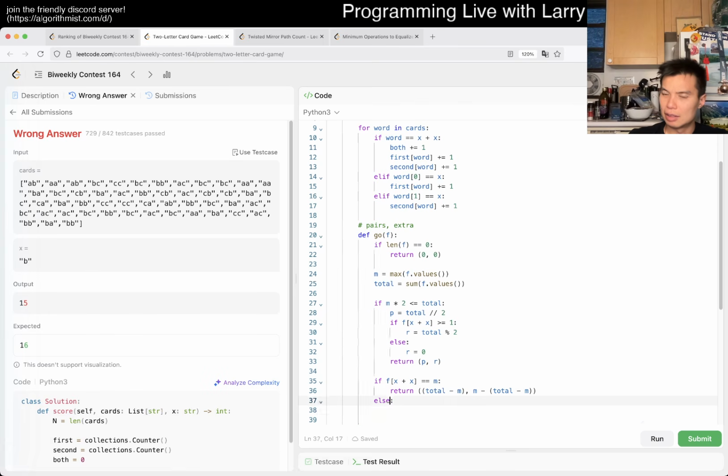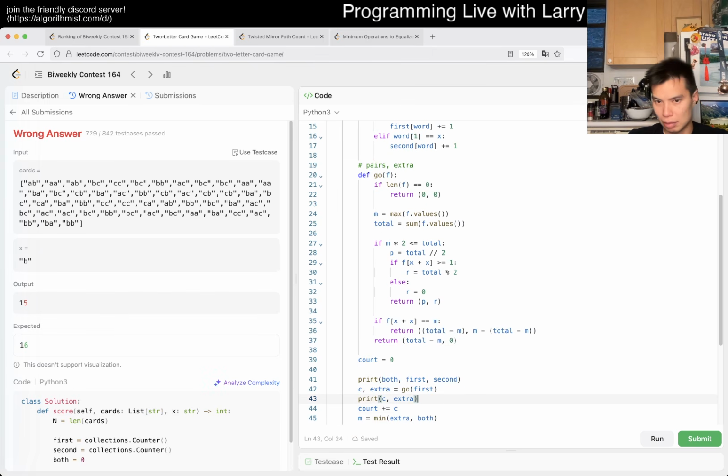Otherwise, if the max is not that, then you have none left over. So just total minus m of 0. Okay. I think this is right, maybe.